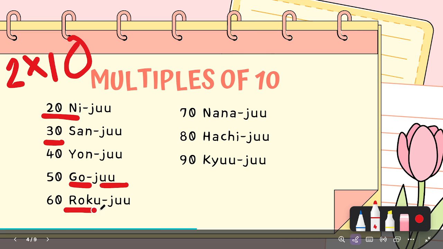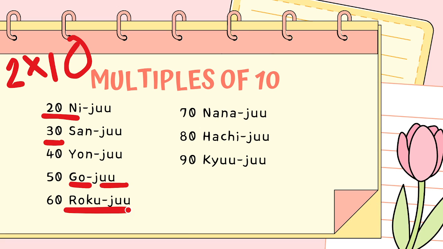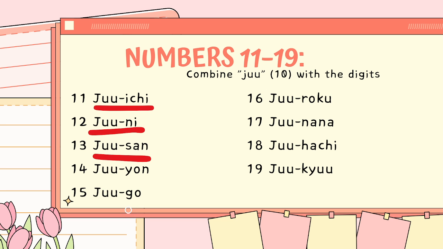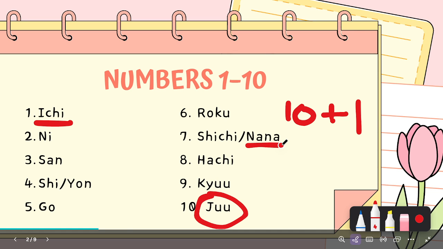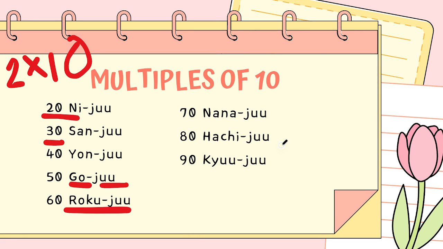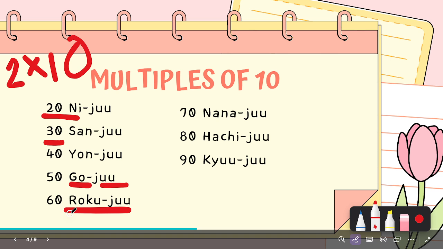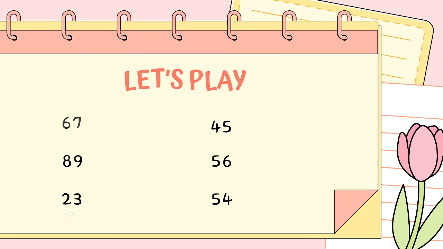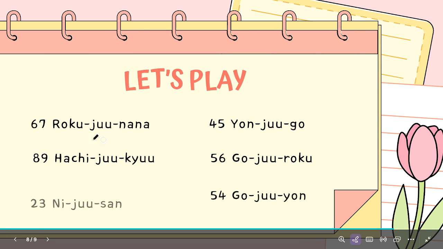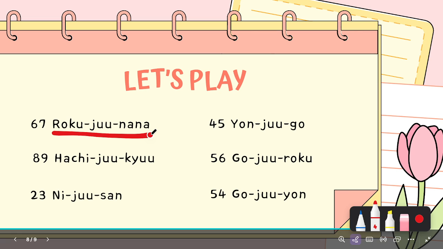This is 60, rok ju. Now what is 7? 7 is nana. So 60 plus 7 is rok ju nana.